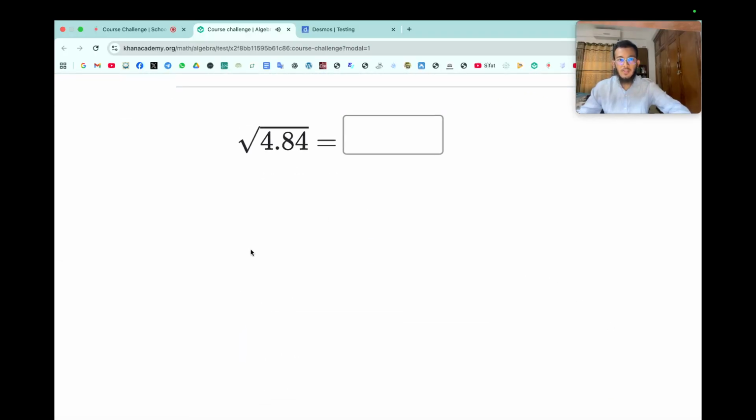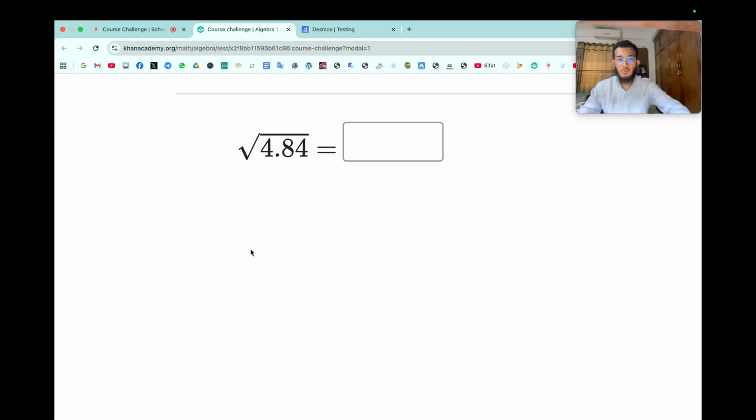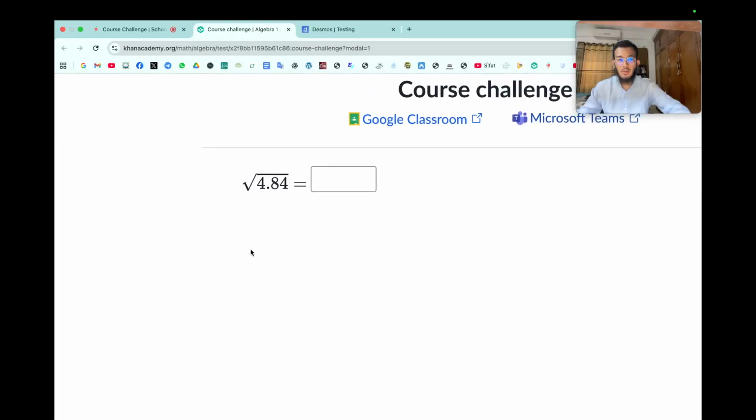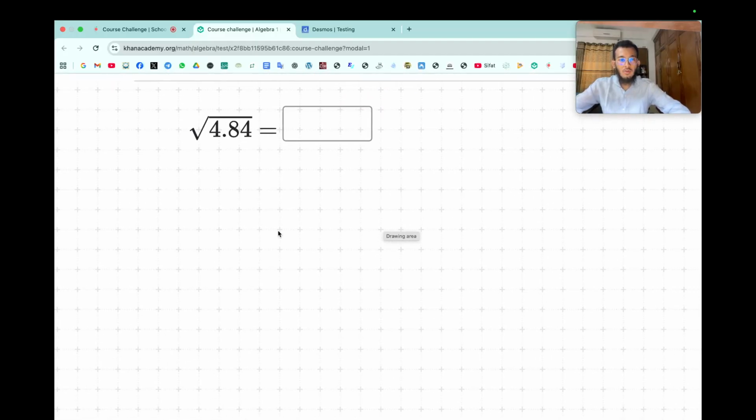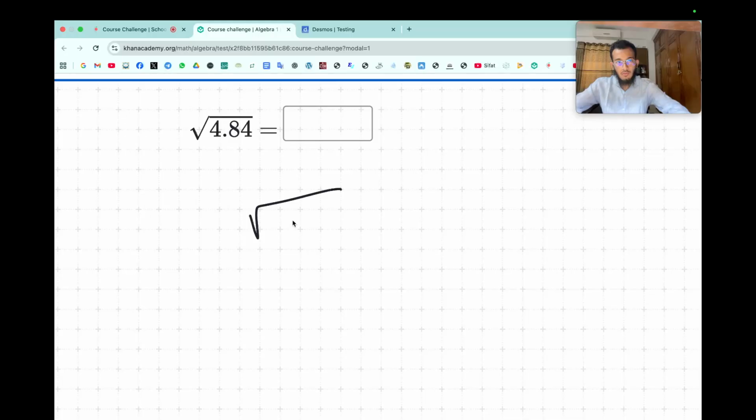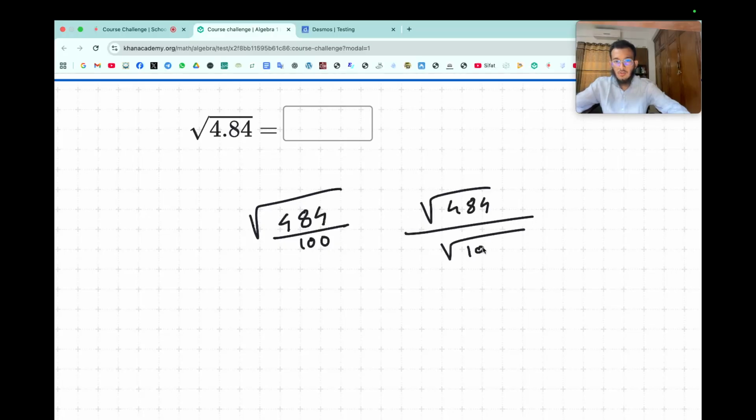All right, next question. What is root 4.84? Okay, so in order to solve this, we have to find the root of 4.84. So it means 484 divided by 100 if we remove the decimal places. So this can be written as root 484 divided by root 100.